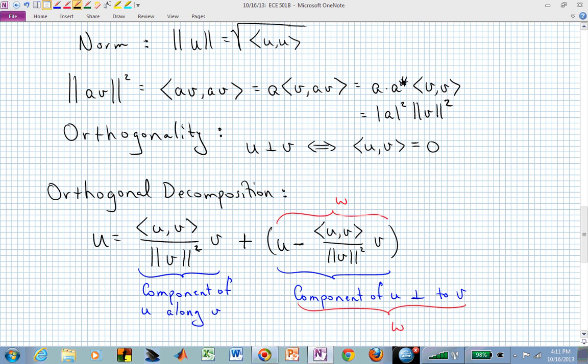That sort of tells you how strongly aligned u and v are, in quotes. But if you had the inner product of u and v being 0, then you know that they are orthogonal, aren't they? And if they are closely aligned, this uv inner product is going to be large, and you'll then normalize that with v squared. And that's the amount of u in the direction of v.